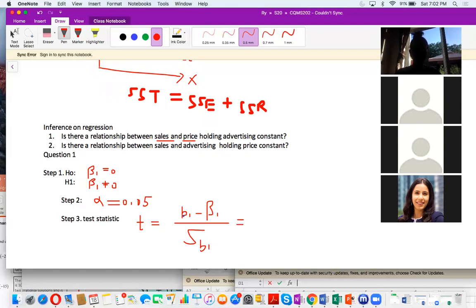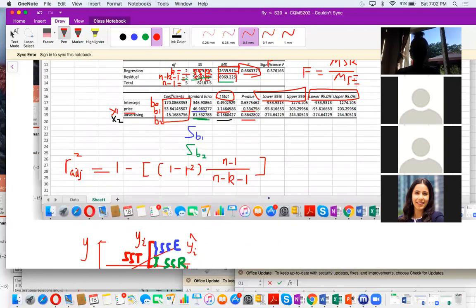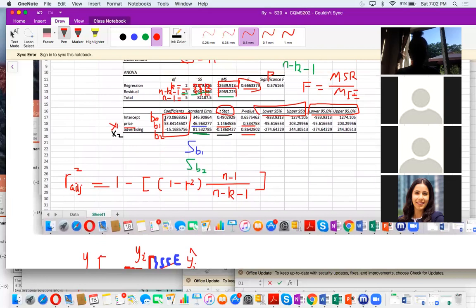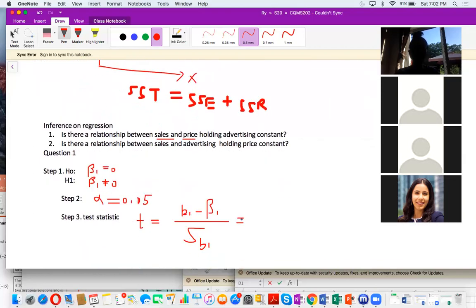So where is B1? You go to your output here. See, B1 is here, 53.84, that is your B1. And what is beta 1?